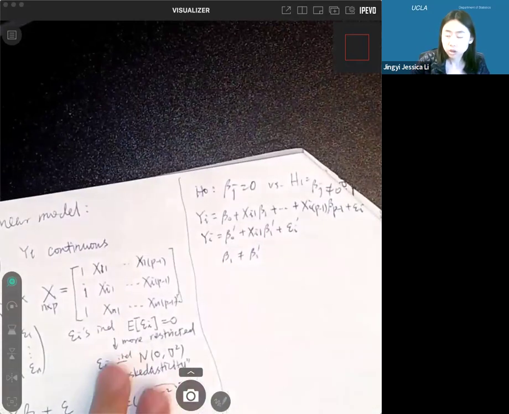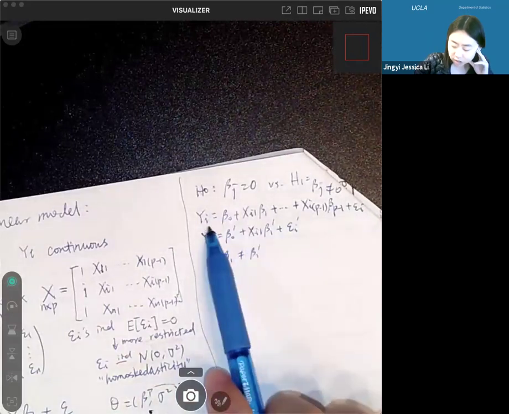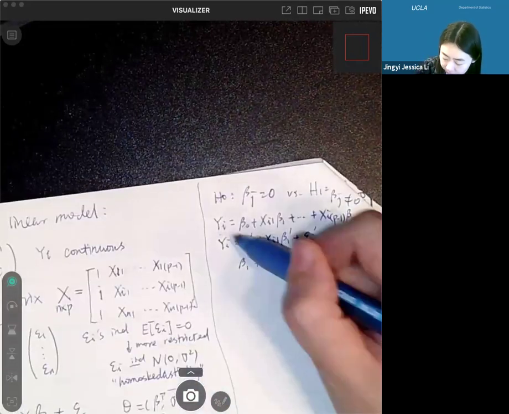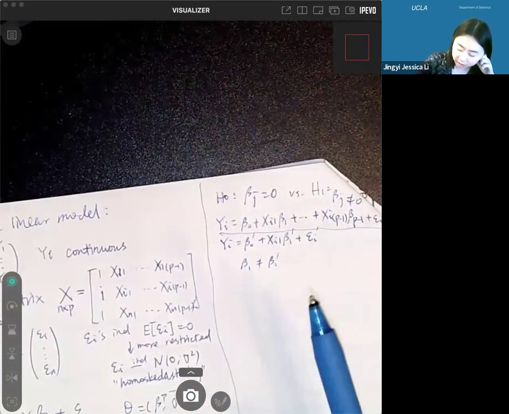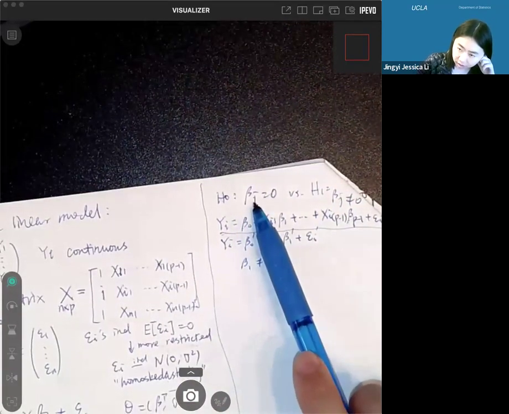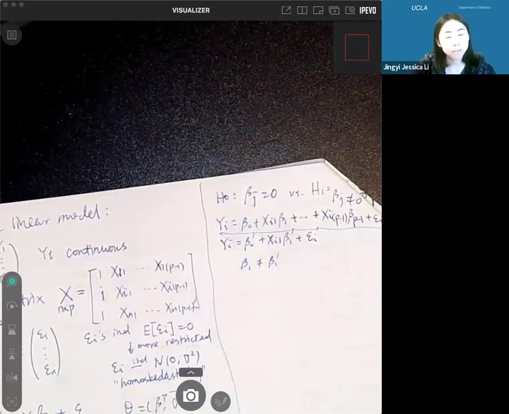Okay, so now let's talk about this model where we have p minus 1 predictors. To test this hypothesis, I assume that many of you have basic mathematical statistics, so you are familiar with hypothesis testing. You know there are 4 elements we need for a hypothesis test.